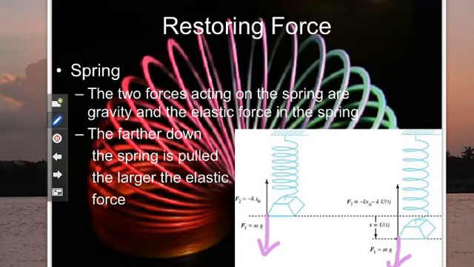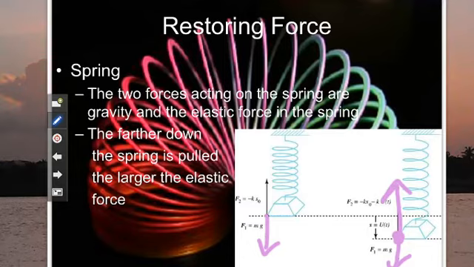As we pull the spring down, that displacement from equilibrium stretches the spring out, and by stretching the spring out, we're increasing the elastic restoring force. And so if we pull it below equilibrium, then the elastic force acting up is greater than the force of gravity acting down, and so the object is going to get pulled back up.